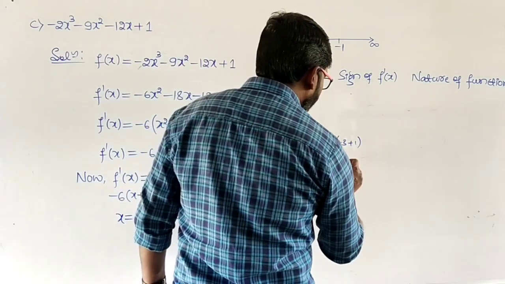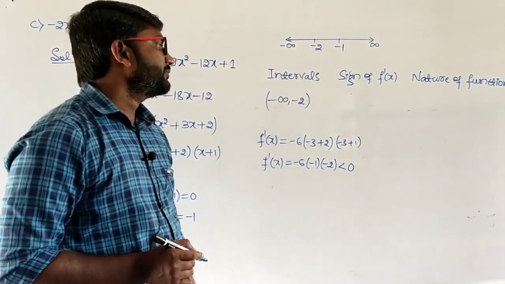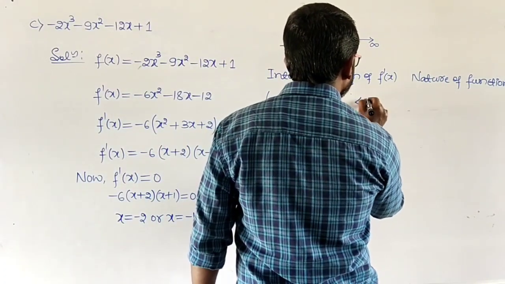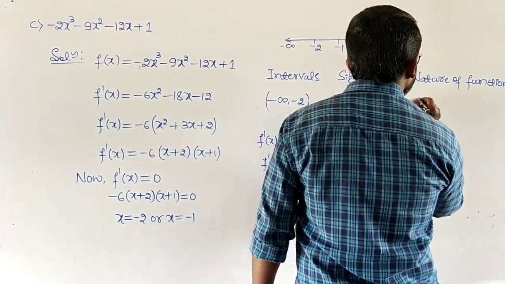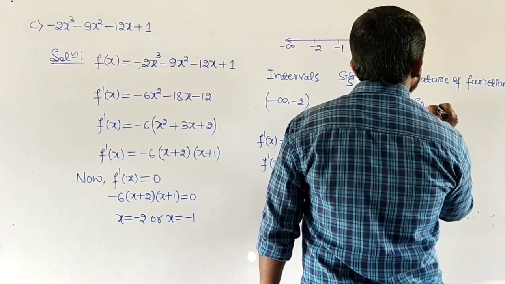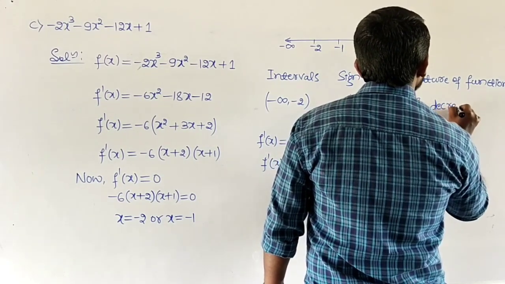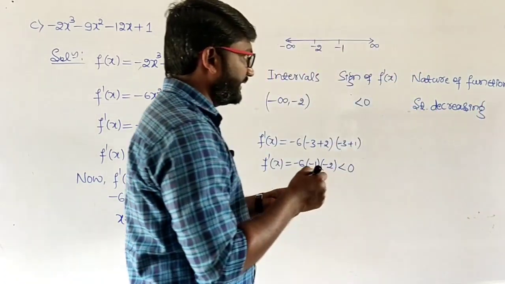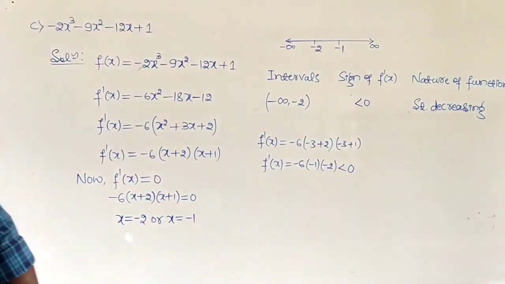That means overall the answer will be less than 0. That is why in this interval the sign of f dash of x will be less than 0, and hence it is strictly decreasing. Let us go for the second interval now.